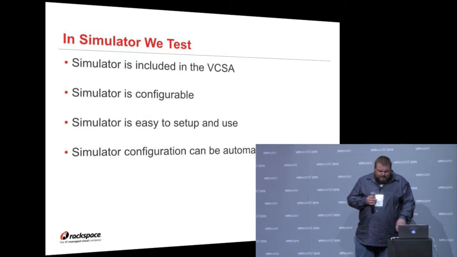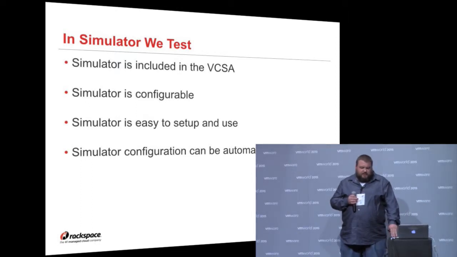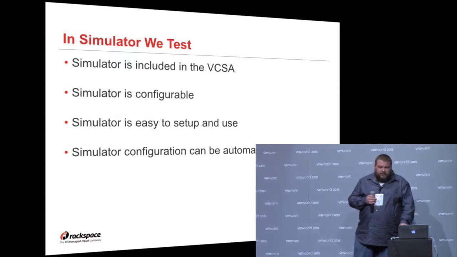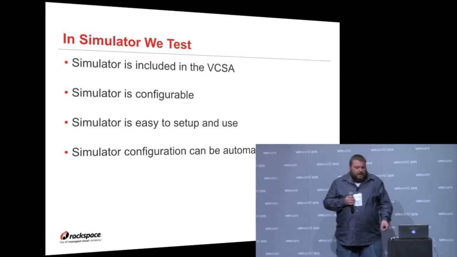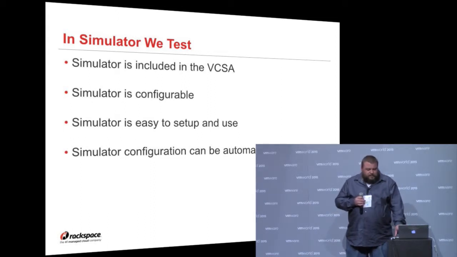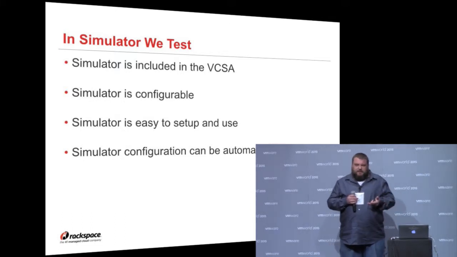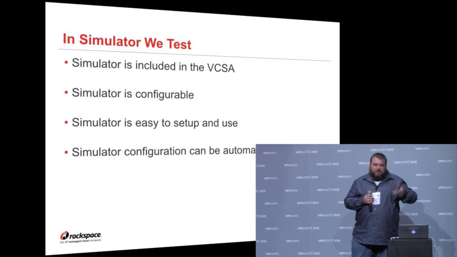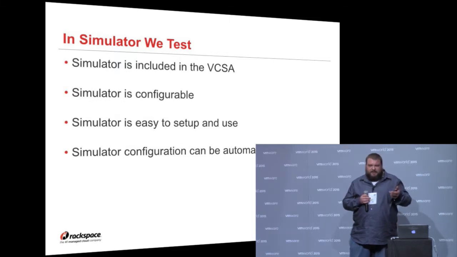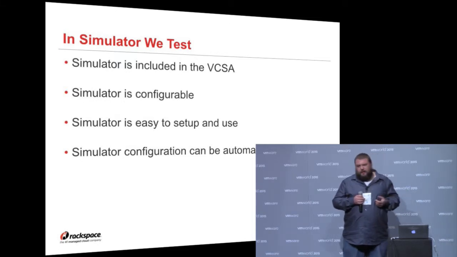So it's been included with vCenter Server Appliance since 5.1, and you can start using it. It's gotten a lot better in 5.5. I really like it. So what you can do is spin up your vCenter Server Appliance, log in, edit a couple of config files, start the simulator, and then it just starts cranking and going and going, and next thing you know, you've got this fully populated inventory.